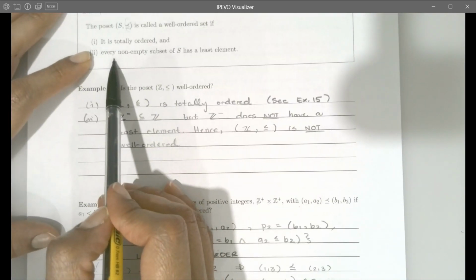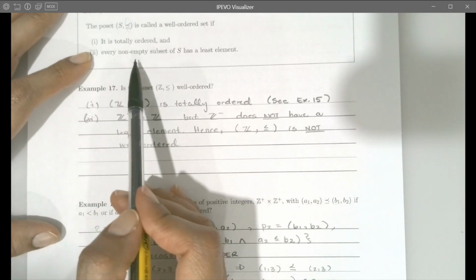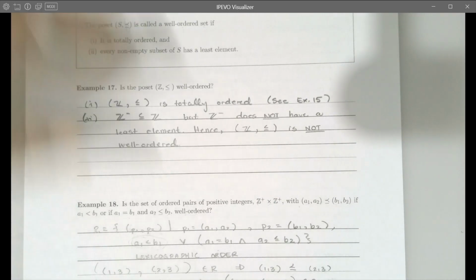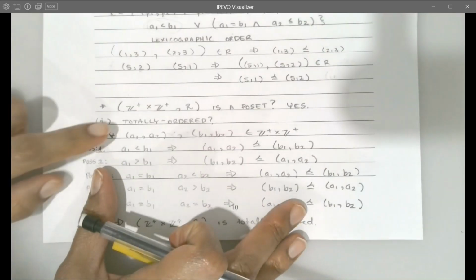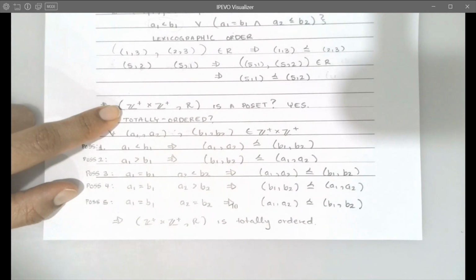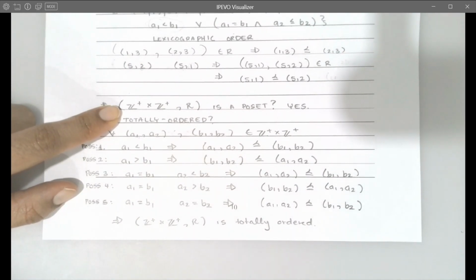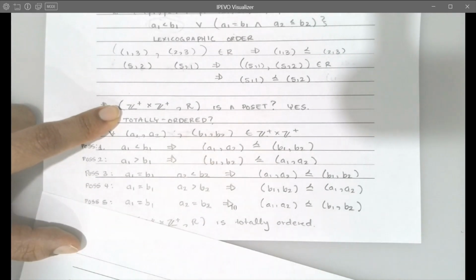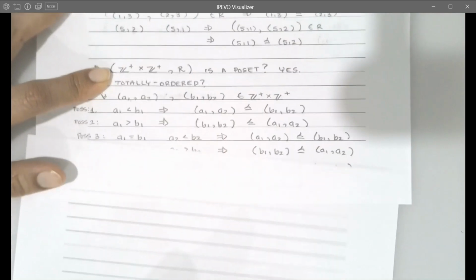Now, the second condition that we need to check is that every non-empty subset of S has a least element. Now, S in our case is Z plus cross Z plus. So we need to make sure that if we take any subset of that set, there will be a least element that is part of the set.